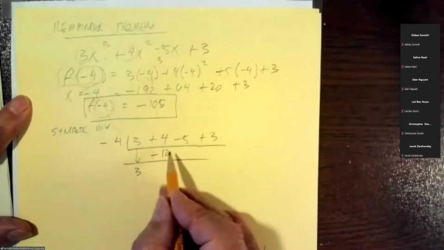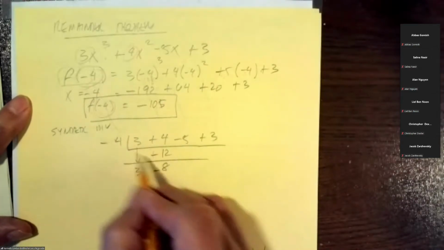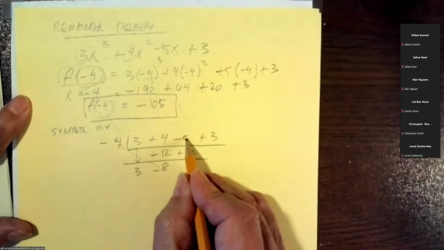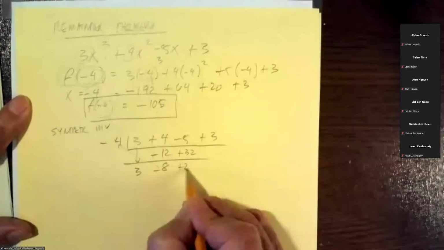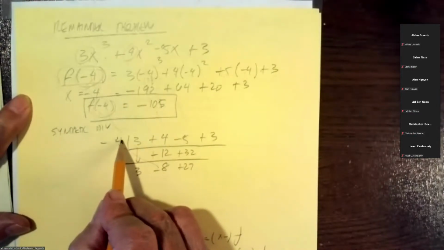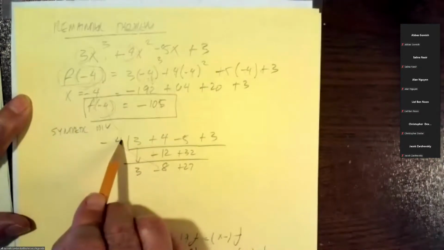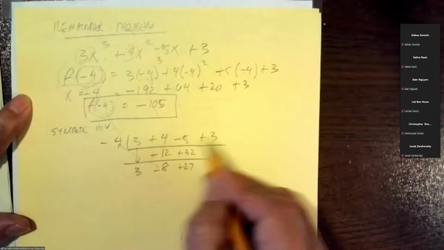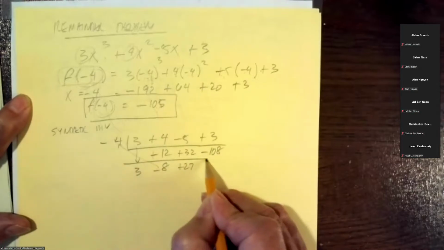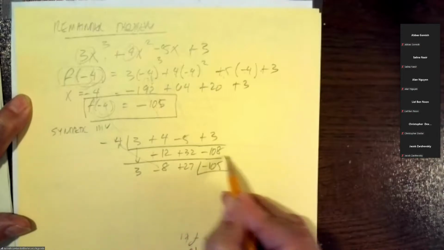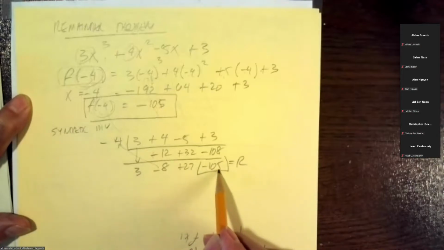Combine those, I get a negative 8. Do the multiply, I get a positive 32 minus 5 is 27, times 4. 27 times 4 is 108, and that's a negative 108. And 3 from 108 is 105, which is the remainder.